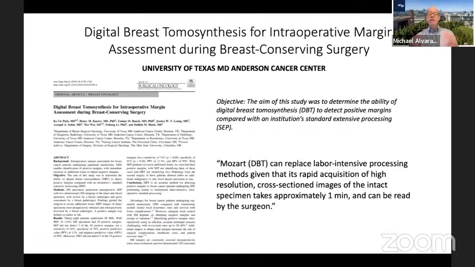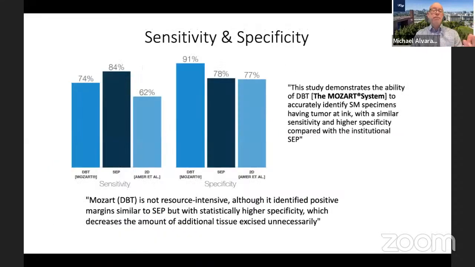What's the clinical evidence? Well, there are publications for utilizing this tomosynthesis. This paper comes from a very small cancer center in Houston, Texas, also known as MD Anderson. I'm sure you've heard of it, but their data shows that type of information, how well the Mozart does, the sensitivity of Mozart versus the standard exhaustive pathology.